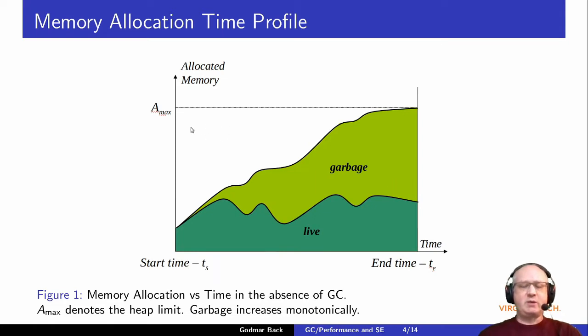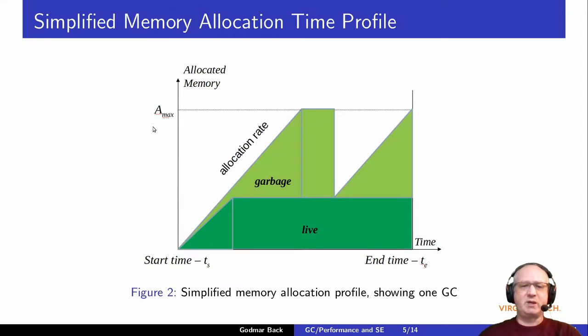So we like to think of it as the heap limit. A system using garbage collection needs to make a decision as to how much memory it wishes to use. So typically there is a heap limit, and if that heap limit is reached, or if it gets near to that, garbage collection would occur.